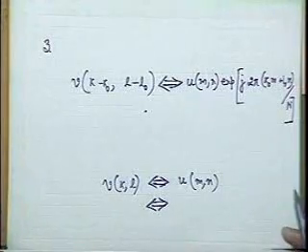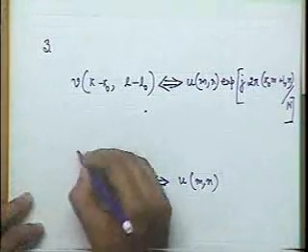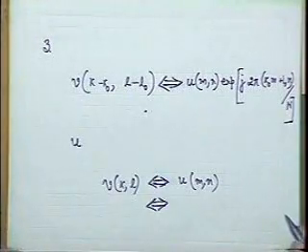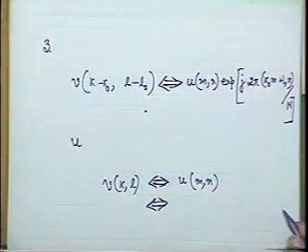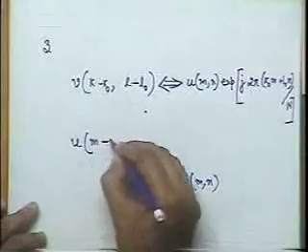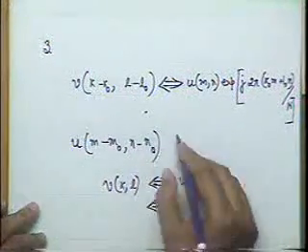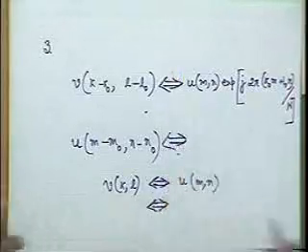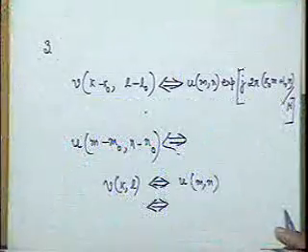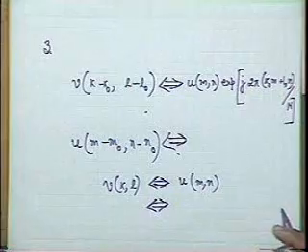Very similarly, when I do a translation in the spatial domain, m minus m0, n minus n0, can you tell me what is going to be the transformation pair of this?